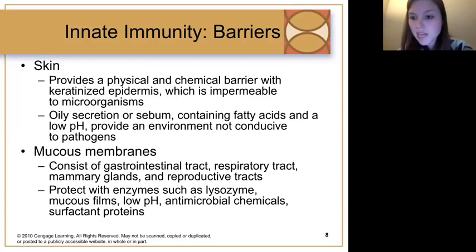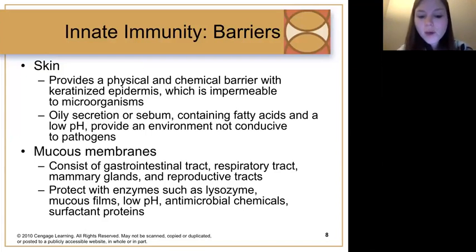Of course, there are going to be times when that's not enough. In the mucous membranes, animals can be protected with enzymes such as lysozyme, which, if you think back to the cells, the lysosomes degrade foreign particles in the cell or old cell parts. So lysozyme would help degrade pathogens.